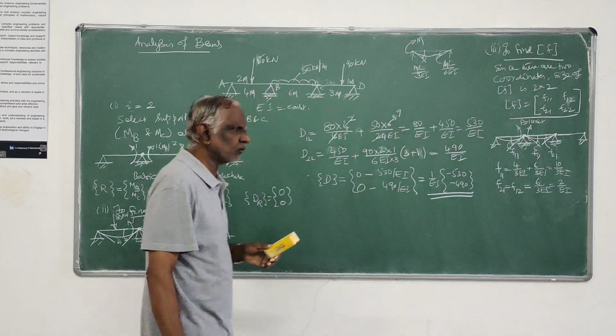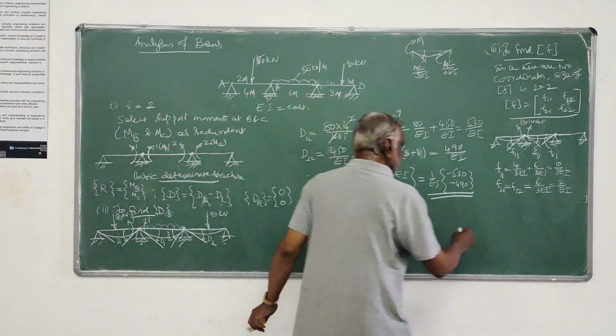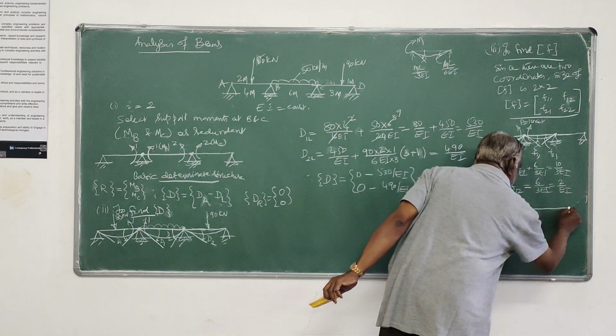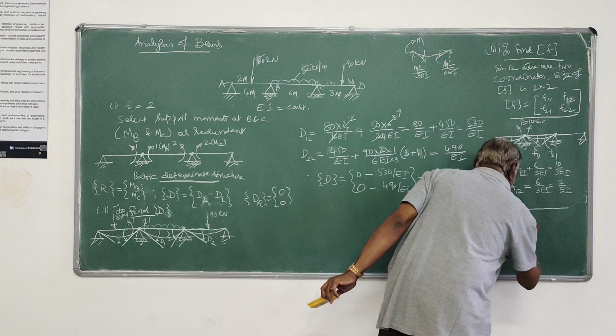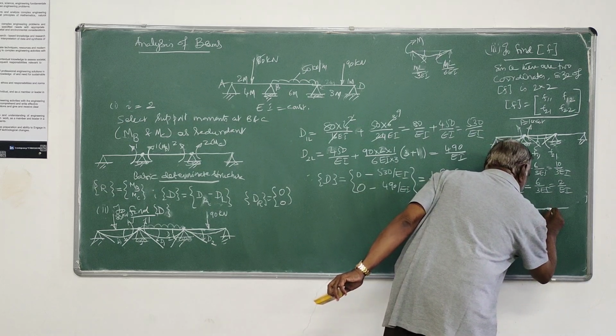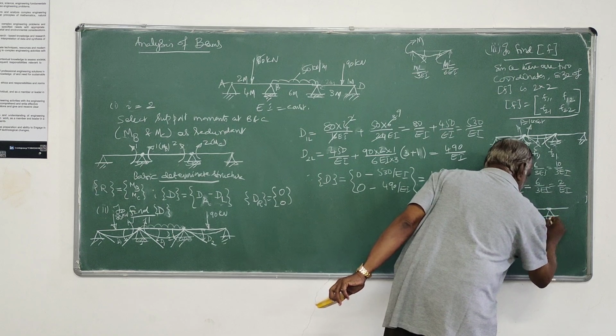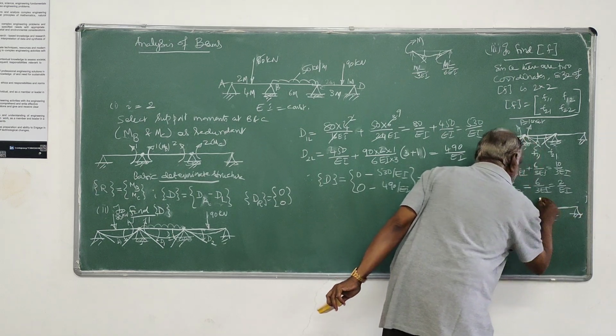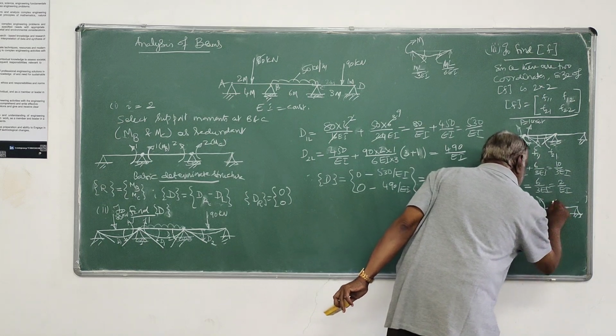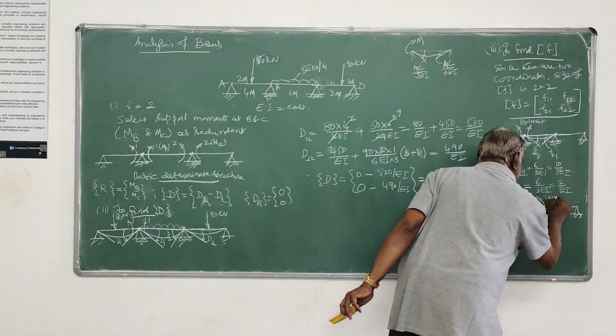L by 6 here. So next you give unit force along coordinate 2 in this fashion, in the base indeterminate structure only. You give unit displacement.